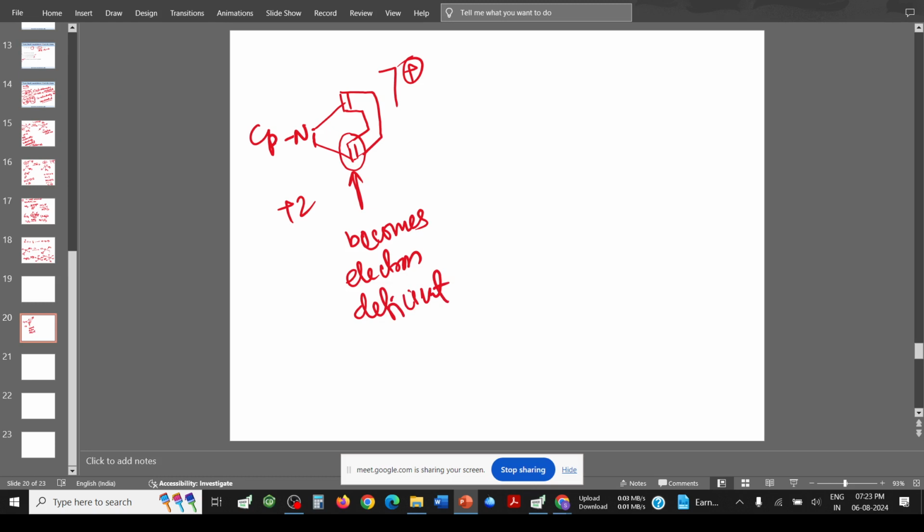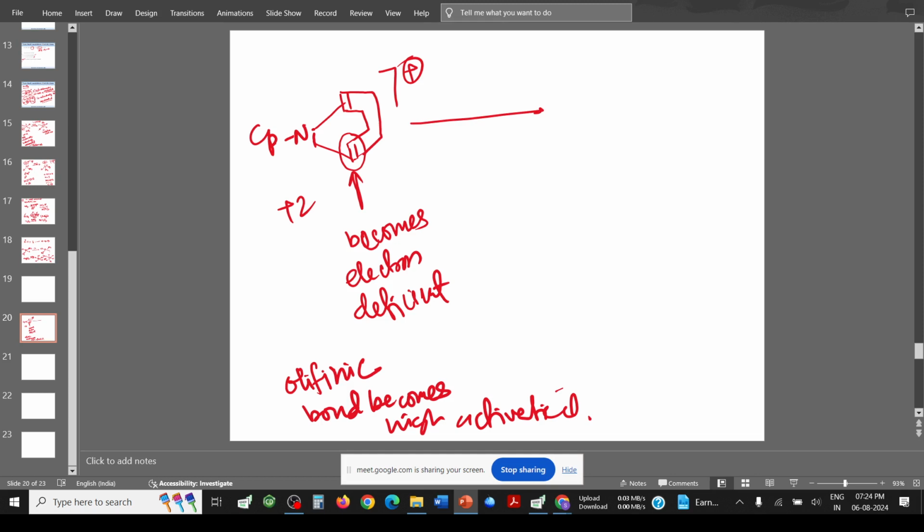Because of electron deficiency, this olefinic bond becomes highly activated. Activated means the olefins are generally electron rich species, but when the electrons are donated to the metal, it becomes electron deficient, and the deficient olefins are called activated olefins.